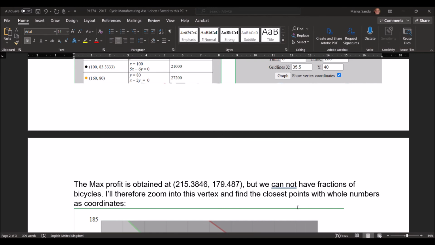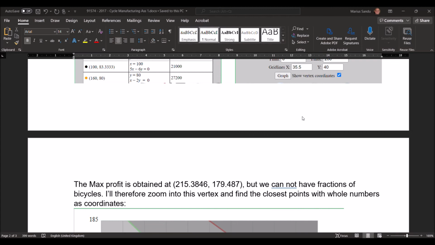And I make sure that I change the grid lines to 1, for the x's and the y's. Now when I graph that, I get a zoom in of that point.